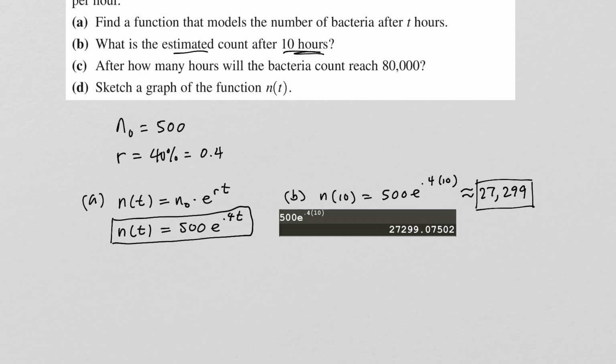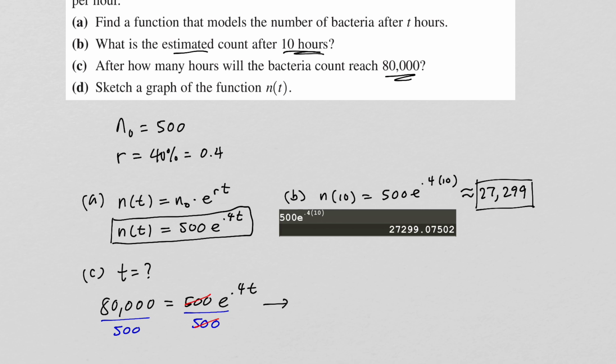Now for part C, after how many hours, so we're solving for t here, will the bacteria reach a count of 80,000? So now we have 80,000, the number in the future, equal to 500 times e to the 0.4 times t. So now we just solve for t by first dividing both sides by 500. These cancel out and we end up getting e to the 0.4t equals 160.